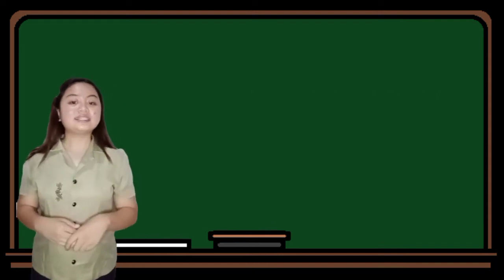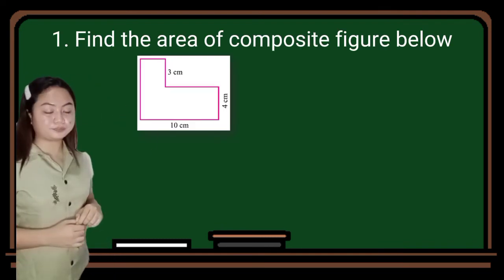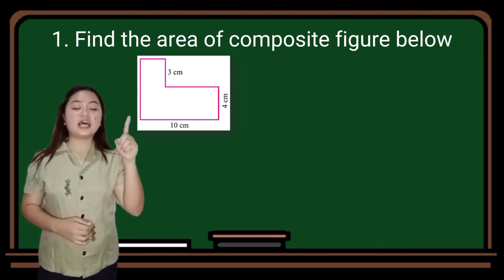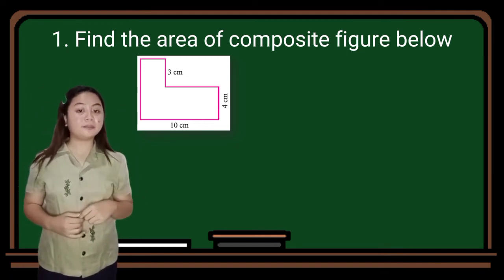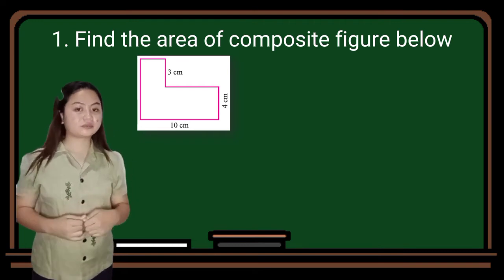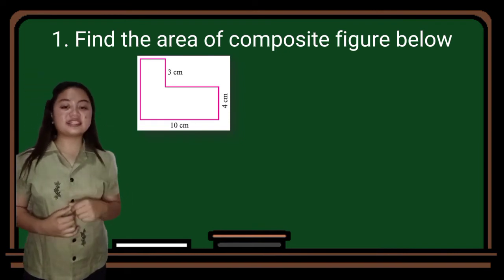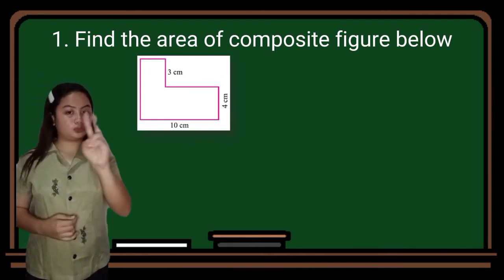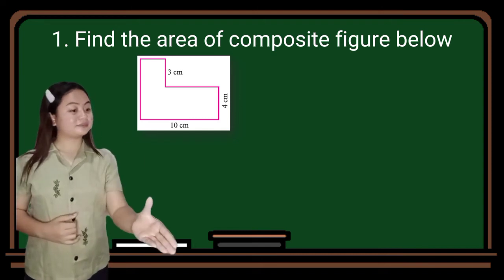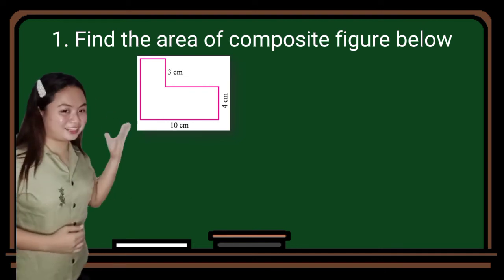So let us now find the area of the composite figures below. First thing to do is to separate the figure into simpler shapes whose areas can be found. In this figure, we can separate this into two shapes, which are a square and a rectangle.